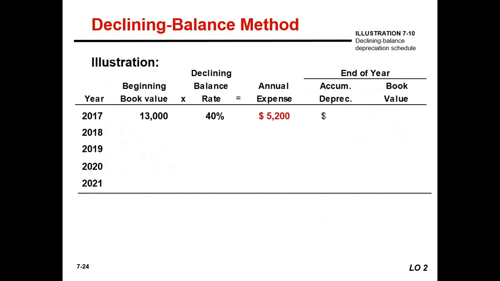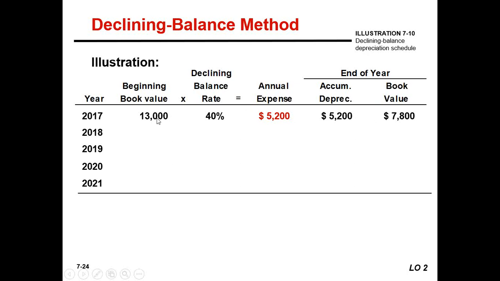This is an example of how it's calculated. Beginning book value. Now notice, we're not using the $12,000. We're not considering the salvage value when we're doing our calculation. Double declining balance rate, our annual expense, accumulated, same in the first year.